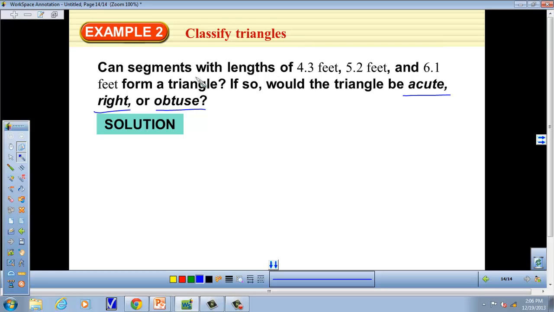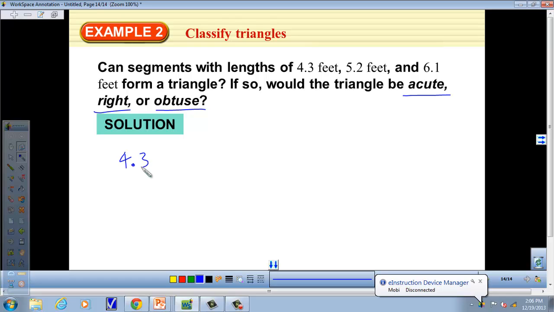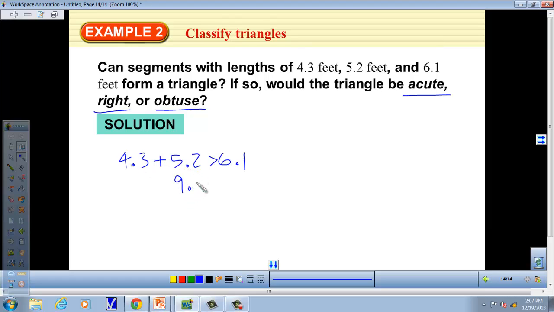So first of all, the triangle inequality theorem tells us to take any two sides, add them together, and see if it's bigger than the third side. In this case, we can look at it. Remember, I told you all you need to do is look at the two smallest sides, see if it's bigger than the biggest side, because it's kind of a waste to do all three sets. So we add these two, we get 9.5.